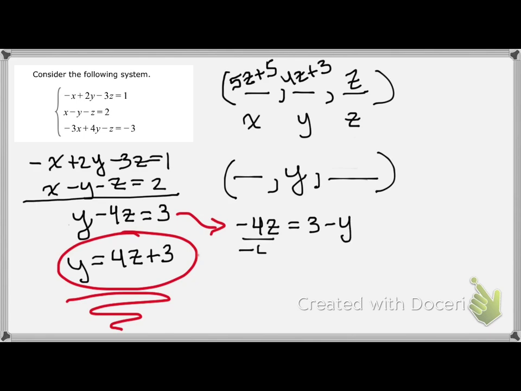And then I'm going to divide by negative 4, and I get z is equal to, I really don't know what else to do, but just leave it like that. I could do some sort of manipulation here, but that's really not very convenient. But that's what z is in terms of y. So that's 3 minus y over negative 4.